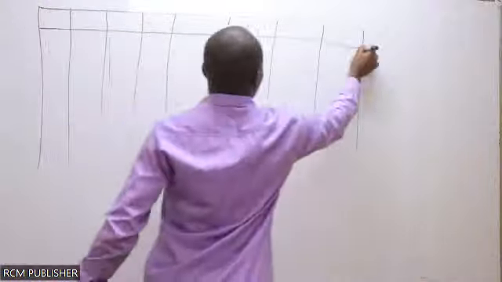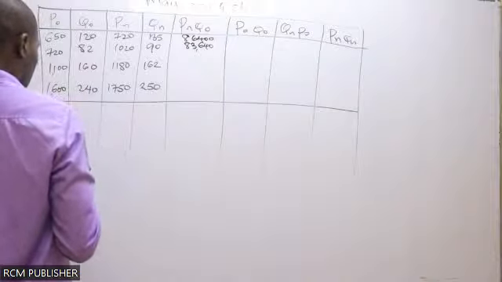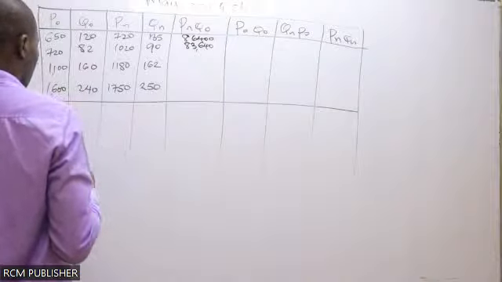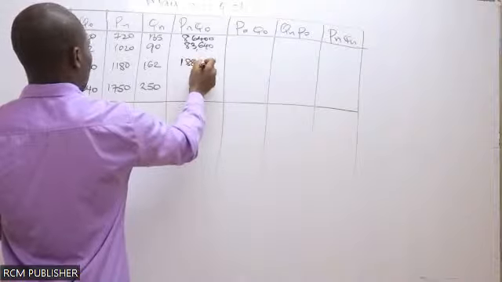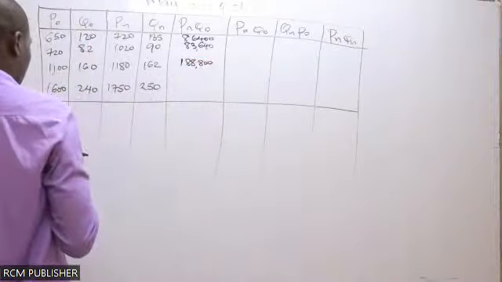Okay, so let's get the values. PNQO, we're going to have 188,800.